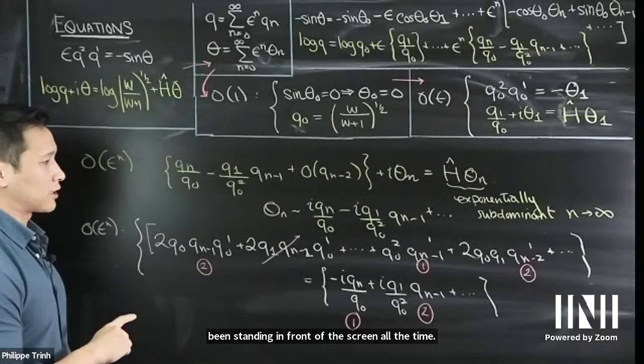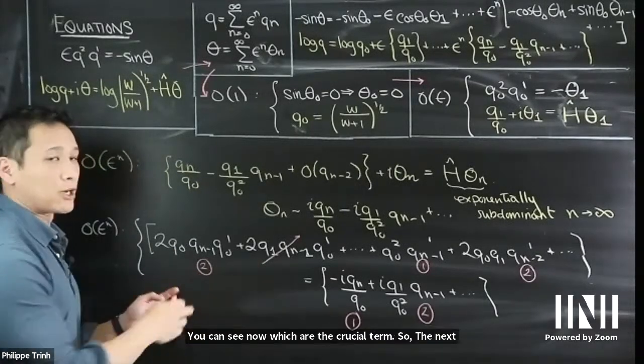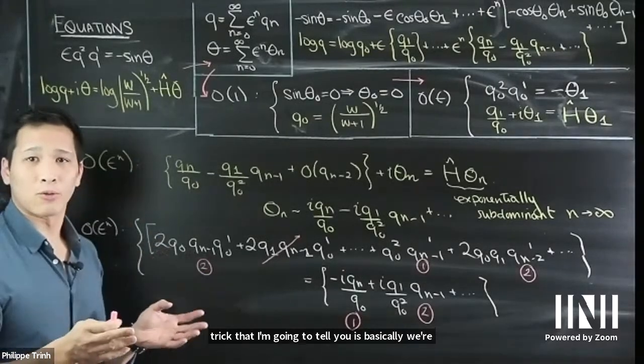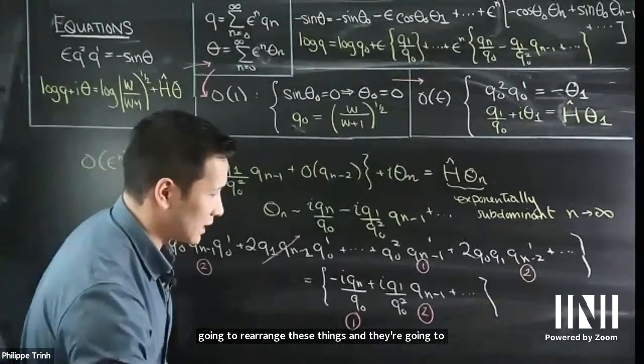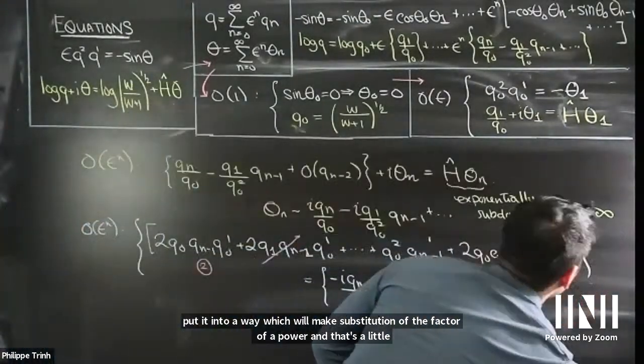So the next trick is that we're going to rearrange these things into a form that will make substitution of the factorial over power ansatz a little bit easier to deal with.